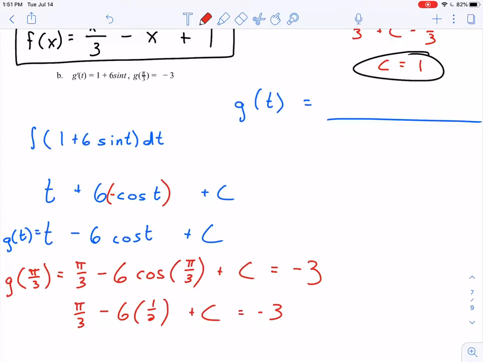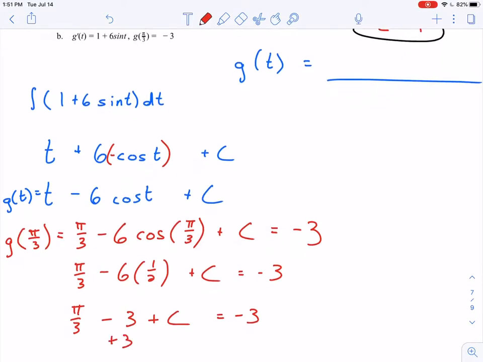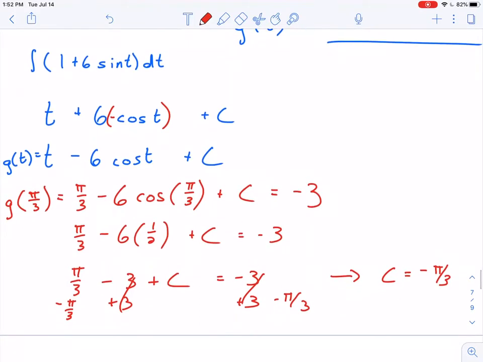So, okay, I have this function. Let's see if we can solve for c now. So let's see, pi over 3 minus this is 3 plus c is equal to negative 3. If I add 3 to both sides, I have the really nice case where these two cancel, and then subtract pi over 3 from both sides, I end up with c is equal to negative pi over 3. But remember, that's not how I want to write my answer.